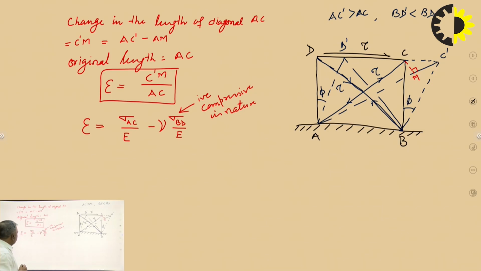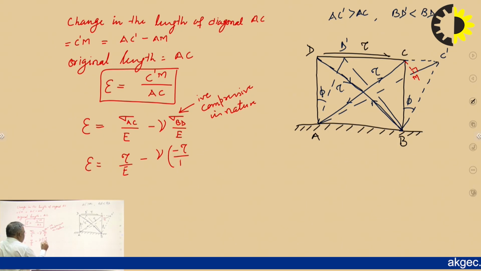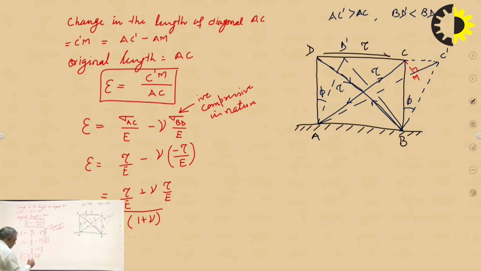This is the expression: epsilon is equal to tau upon E minus nu times minus tau upon E. What you have obtained is tau upon E plus nu times tau upon E. So one expression I have obtained, epsilon is equal to tau upon E times (1 plus nu). This is expression number 1.